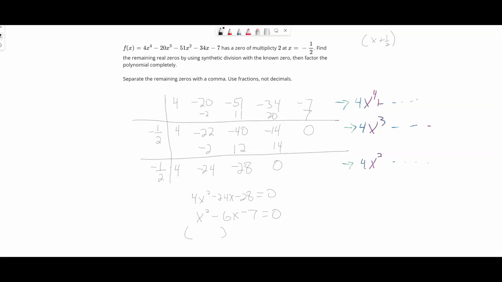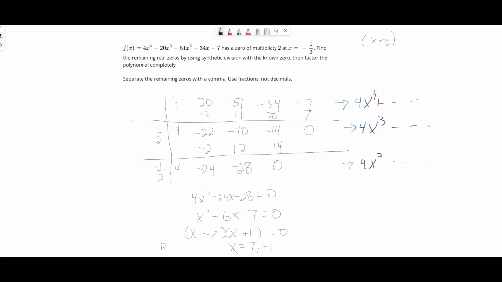And this actually factors, although we have the quadratic formula to work out the difficult zeros, complex zeros, irrational zeros, whatever we have. This one ended up pretty nice. x equals 7 and negative 1. Okay, so for the instructions, find the remaining real zeros.